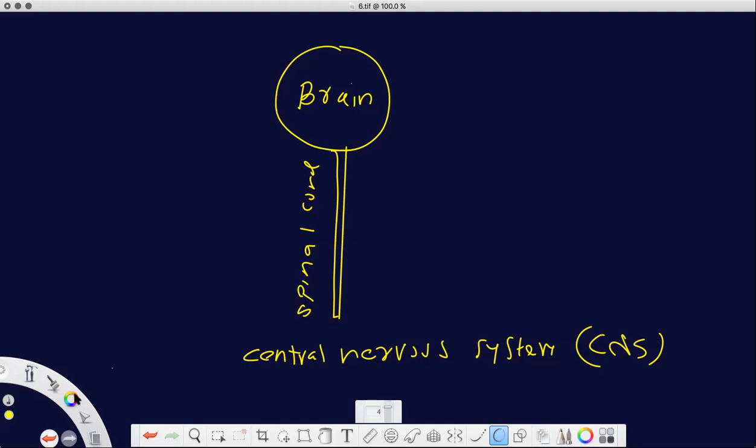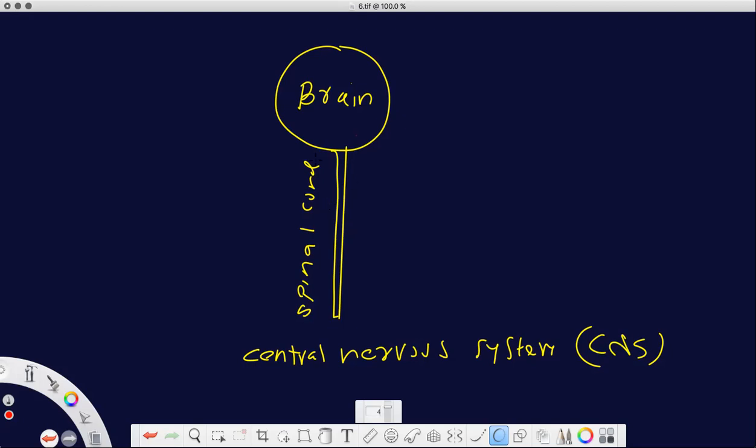Next thing is the other parts of the body, like hands, legs, stomach, chest, and everywhere. All these parts of the body are connected by nerves, but they start from the brain and spinal cord.